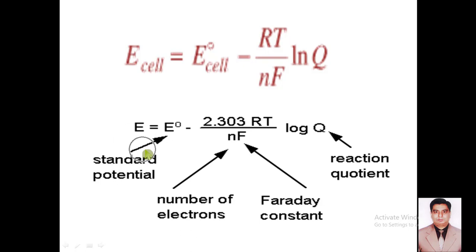So in this equation, E is the electrode potential of the cell or EMF of the cell, while E naught is the standard potential, n is the number of electrons, F is the Faraday's constant, and Q is the reaction quotient.